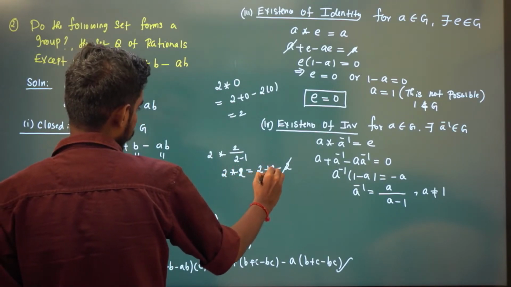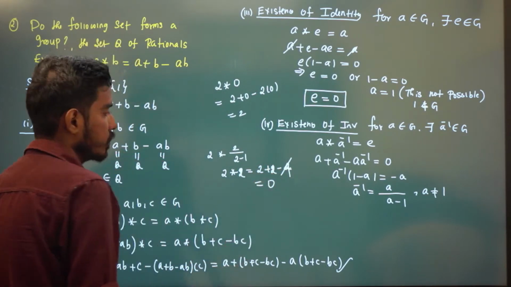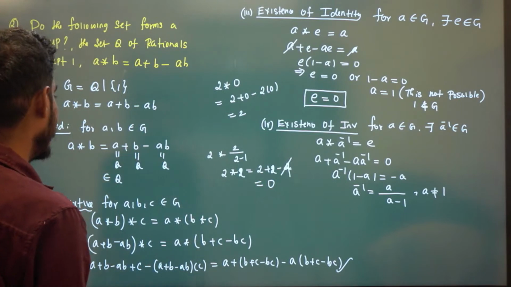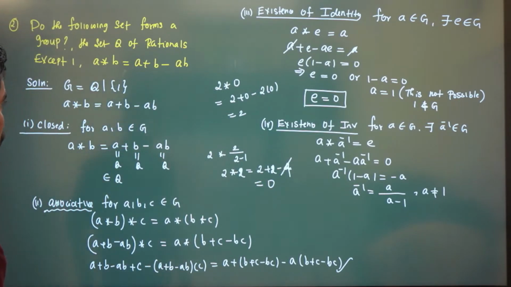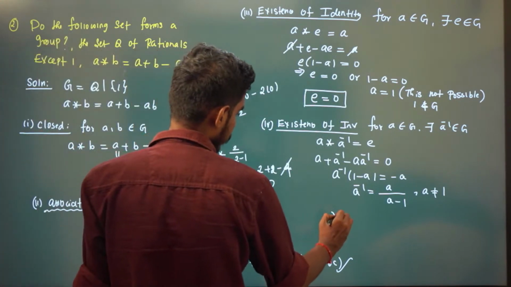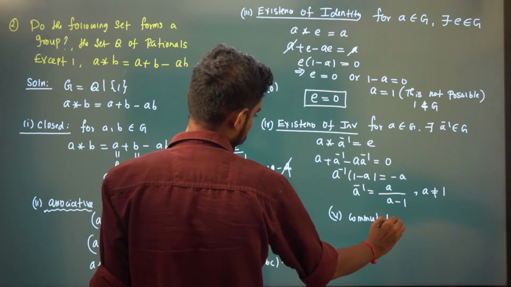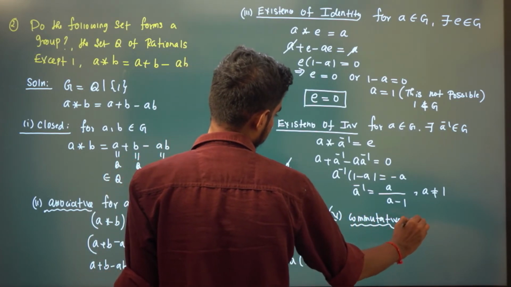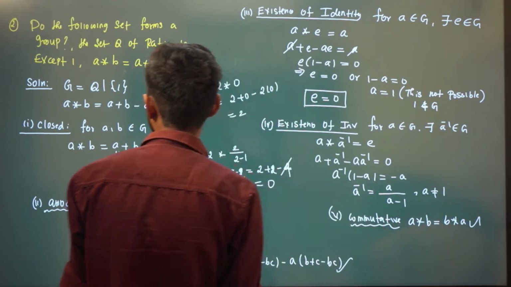So 2 plus 2 minus 4, so cancelling, we get 0. That means 0 is our identity element, right? So it is correct. And also, is it commutative? A plus B minus AB is the same as B plus A minus BA. It is commutative also, right? So it forms an abelian group.